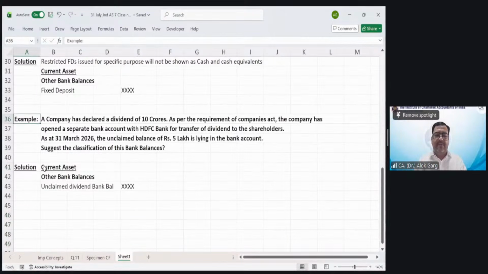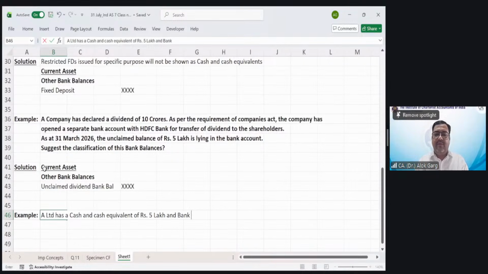Another example. So many examples, sir. A Limited has a cash and cash equivalent of rupees 5 lakh and bank overdraft of rupees 7 lakhs.